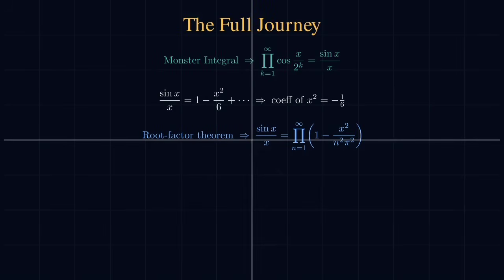Euler's root factor theorem gives us its infinite product form, whose x squared coefficient is negative 1 over pi squared times the Basel sum. Set them equal. Pi squared over 6 equals the sum of 1 over n squared. That's Euler's Basel problem solved.